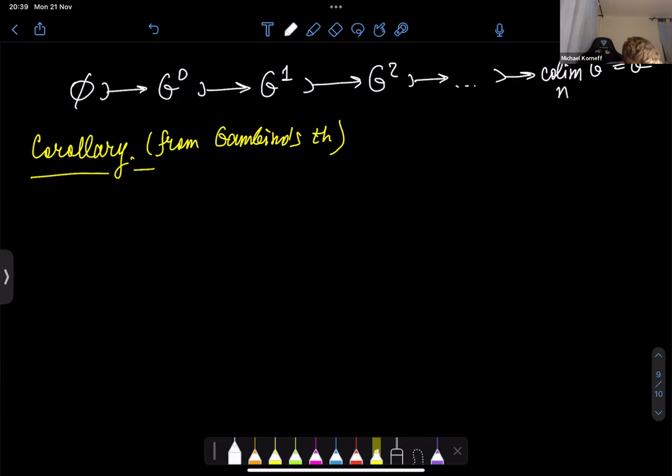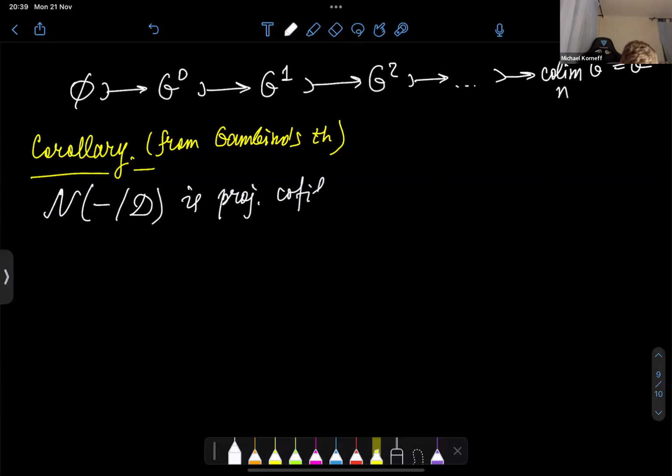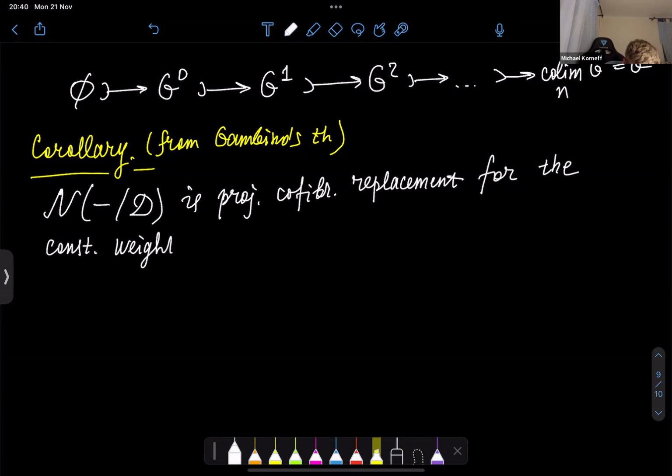That is, this functor is a projective cofibrant replacement for the constant weight functor in the homotopy colimit.